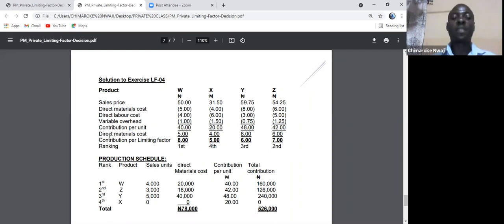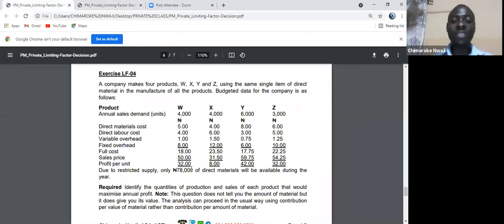Then, what is your scarce resource? Now, your scarce resource is not materials. It's your material costs. Your scarce resource is your material cost. Yes, you know it's all connected to material, but it's your material costs and not direct material.